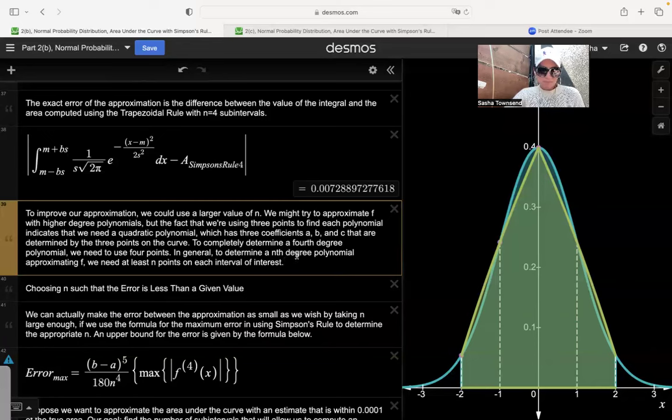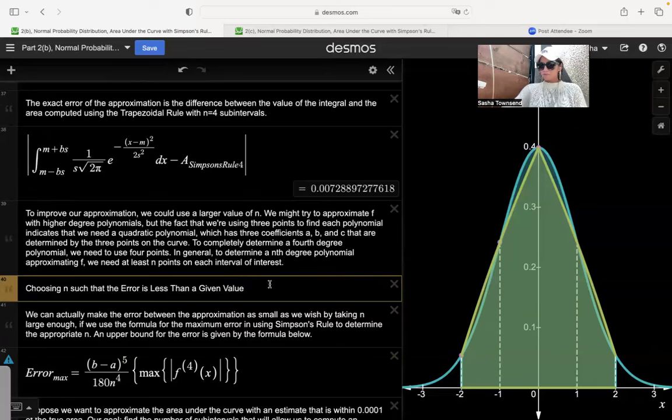All right. But you might say, okay, I want to find an n value to make my maximum error, well, not as small as possible, but less than a specific or given value.